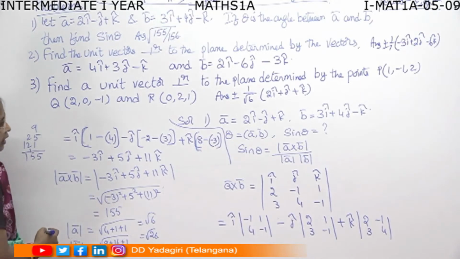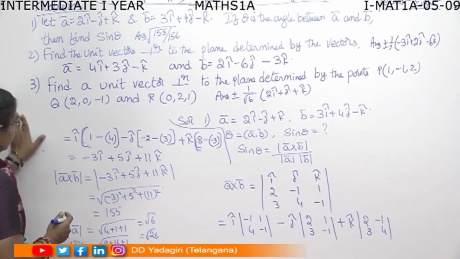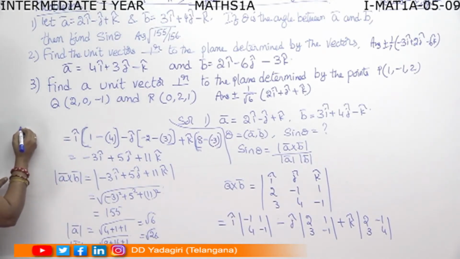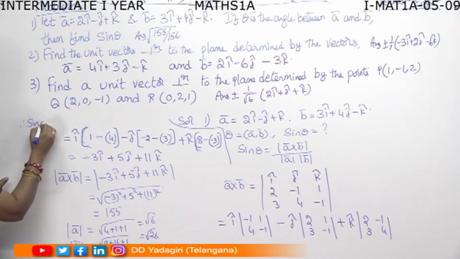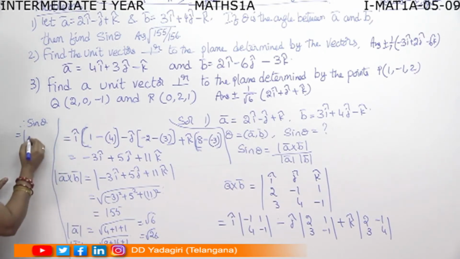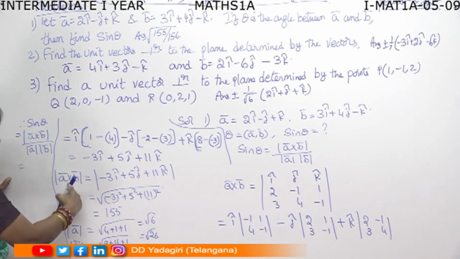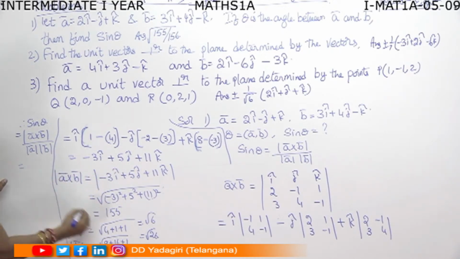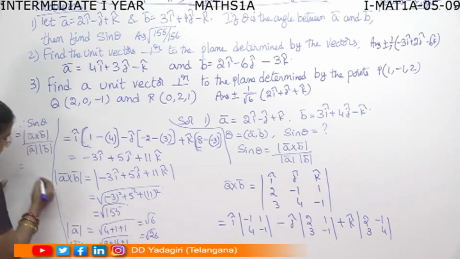Now you will write, therefore sine theta is equal to mod of A cross B by mod A into mod B. That is equal to, what is mod of A cross B? Root 155.